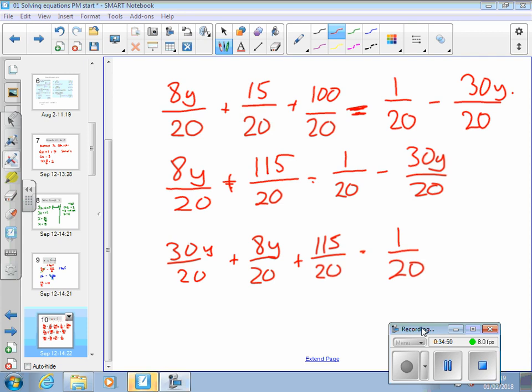now what can happen is these two can join together, can't they? Yeah. So that becomes 38y over 20 plus 115 over 20 equals 1 over 20.